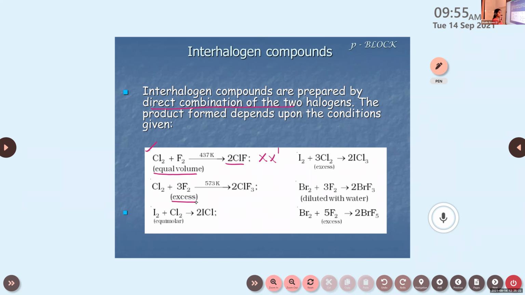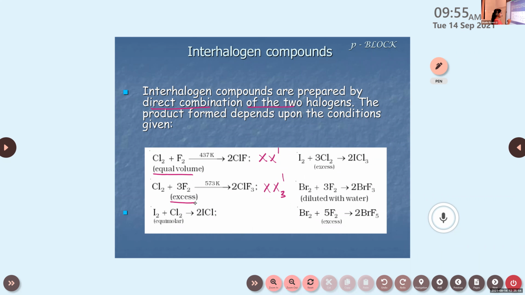In the first case, equal volumes at 437 Kelvin give ClF. Here, an excess amount of fluorine along with chlorine combine at 573 Kelvin, then ClF3 is formed. That's in the formula XX'3. So in the first case, equal volume at 437 Kelvin; in the second case, excess of fluorine at 573 Kelvin.